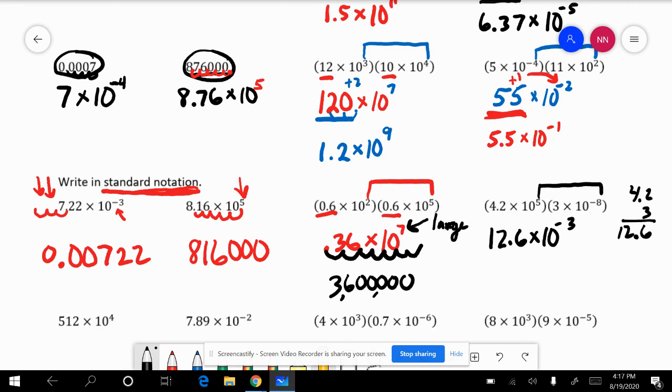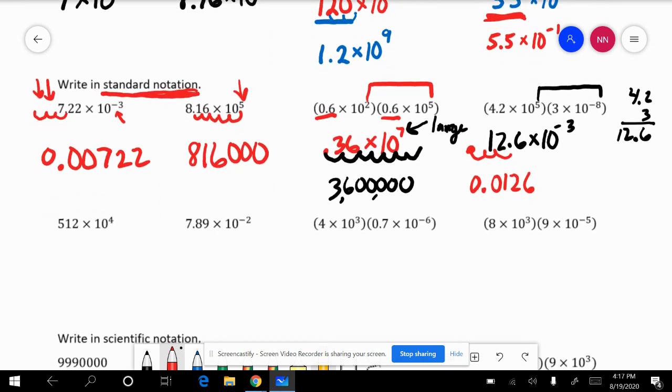What we need is something in standard notation. Negative means it's a small number. So I'm going to take my decimal and make a small number. I'm moving it 3 spots. So I get 0.0126.